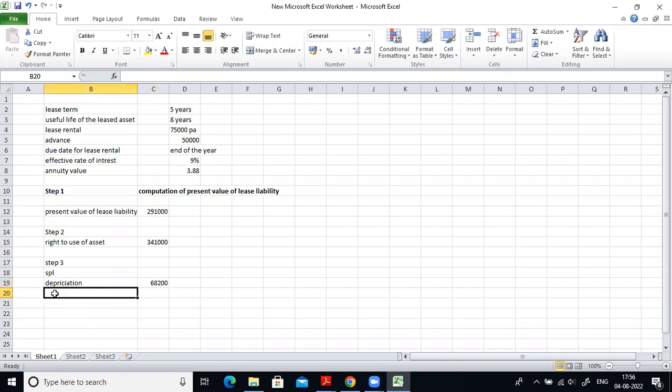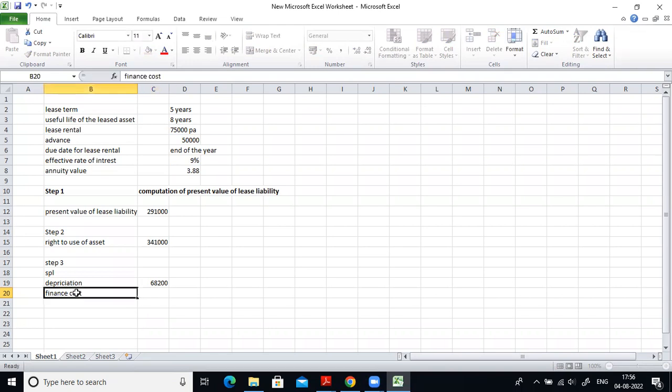And there is an unwinding effect when you convert the future lease rentals into present value. So for that, we need to compute finance cost in the statement of profit and loss account. The finance cost will be computed on the present value of your lease liability. The present value of the lease liability is how much? 2,91,000.